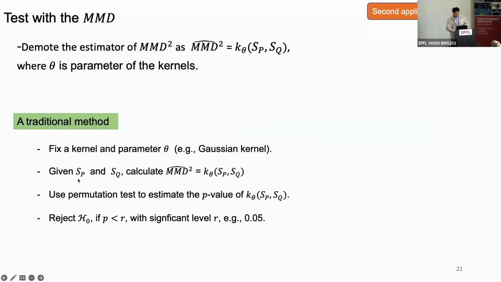Then, given SP and SQ, we calculate the MMD estimate. Then we use the permutation test to calculate the p-value of this estimate. Lastly, if this p-value is too small, we reject the null hypothesis. Otherwise, we accept the null hypothesis.